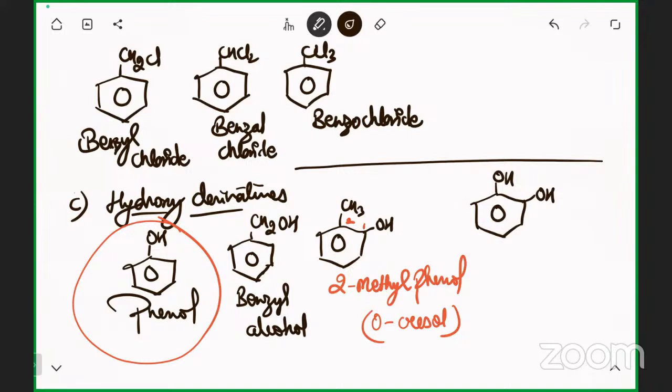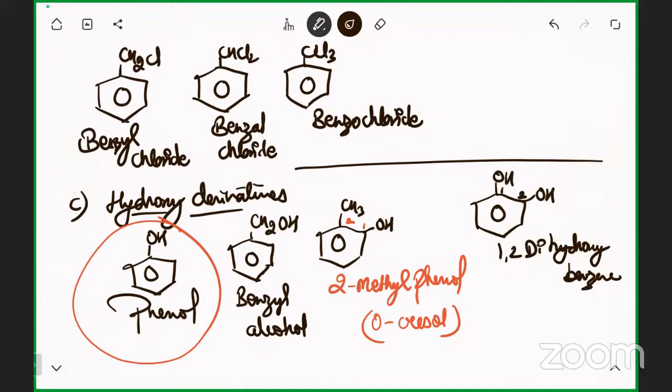When the OH group comes as a prefix, what do we use? Hydroxy. Yes, we have to use hydroxy: 1, 2 dihydroxy, and at the last you write benzene.